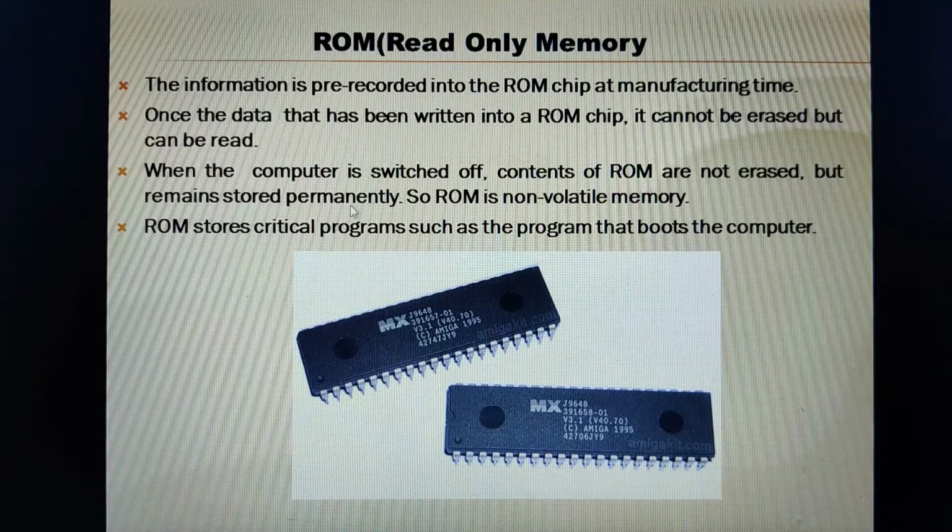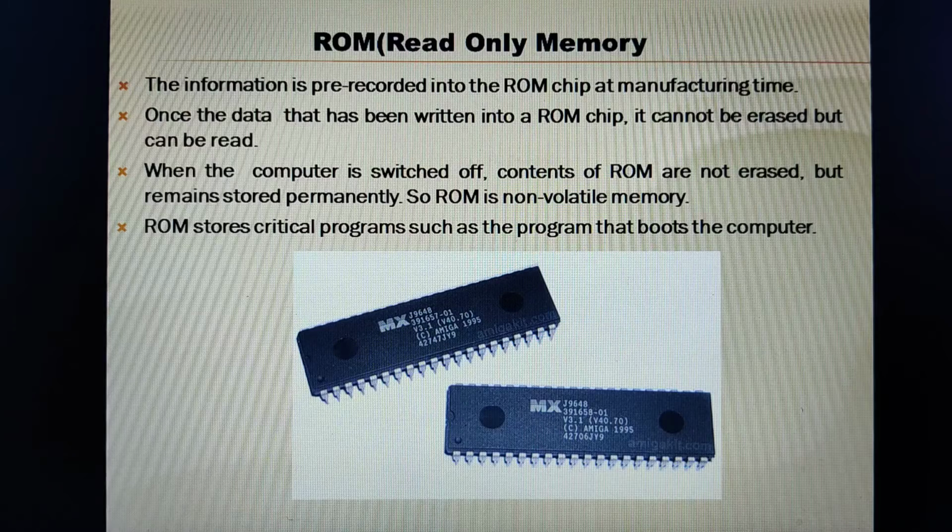Then what kind of information is being stored into these ROM chips? ROM usually stores the critical programs such as the program that boots the computer system. Booting in the sense, suppose when you switch on your power supply, your computer system starts, the process will be on. So that, we call it booting the computer system.